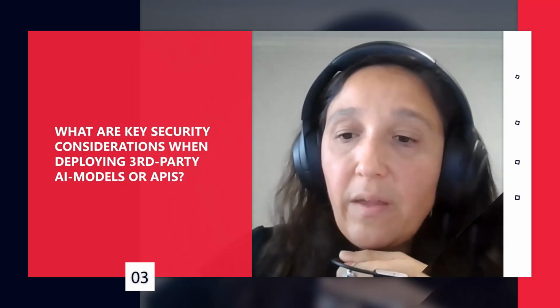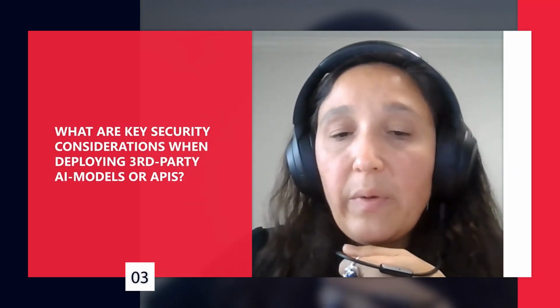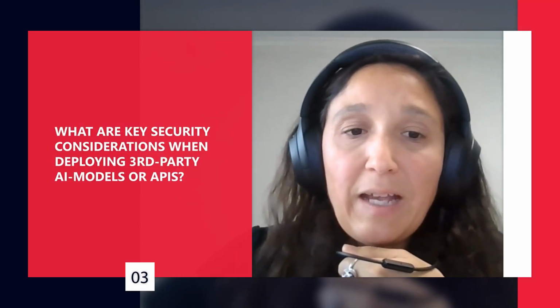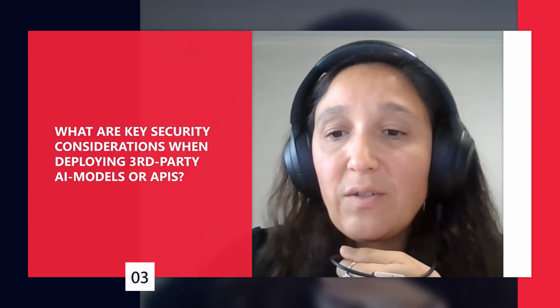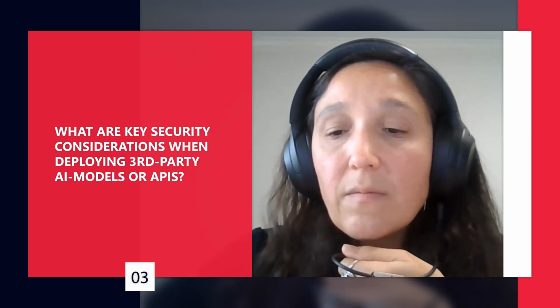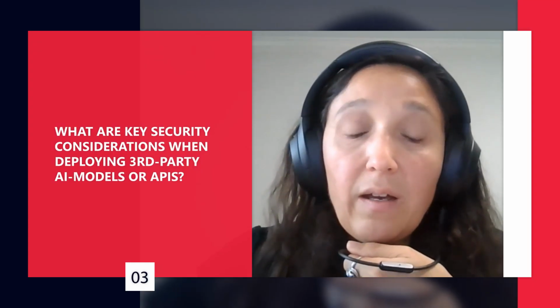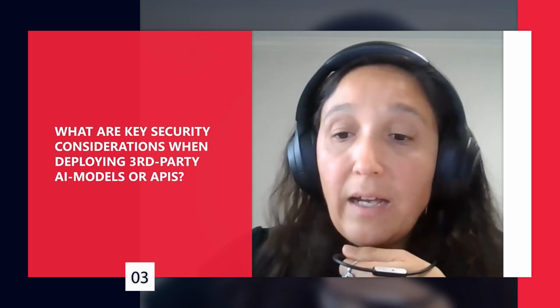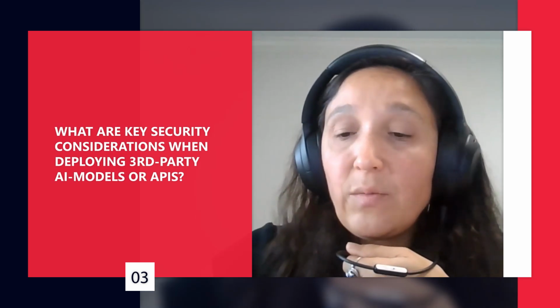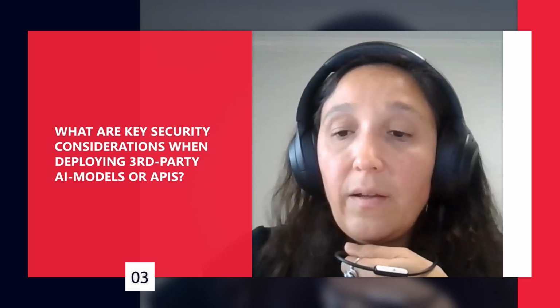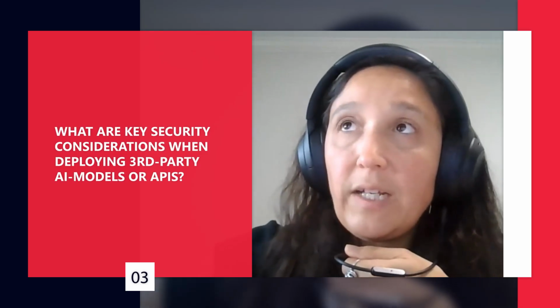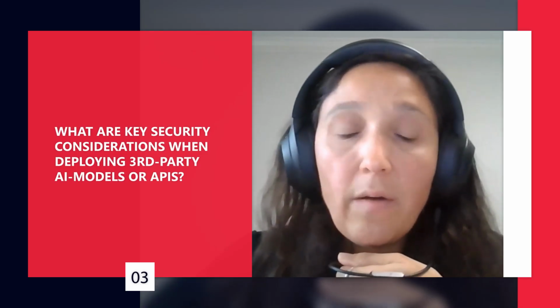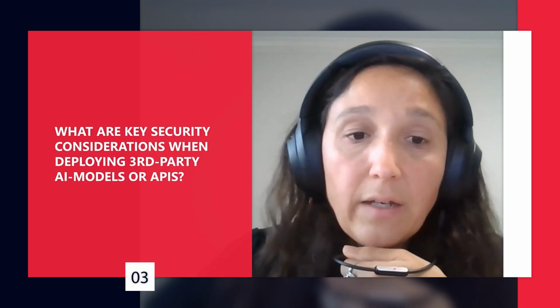When you are deploying third-party AI models or APIs, it's always pretty much the same. You need to check what the AI has access to. You need to list the exact role of the AI, what you want the AI to do.